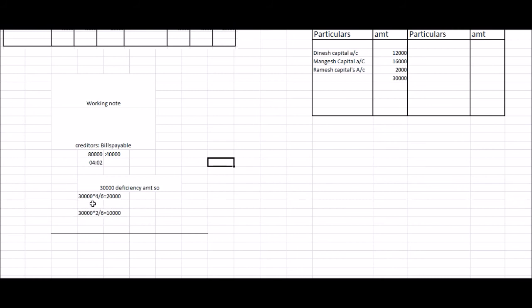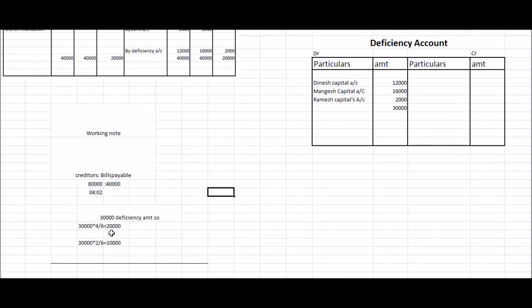This 30,000 rupees will be distributed to creditors and bills payable in the ratio of 4 to 2. They're not paying the full amount, because we need to pay 80,000 here and 40,000 there, but the amount they have is 30,000 rupees.